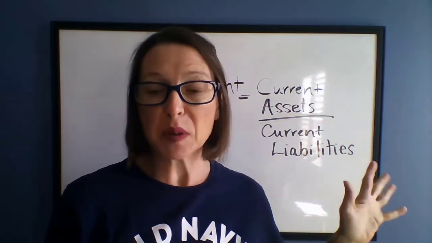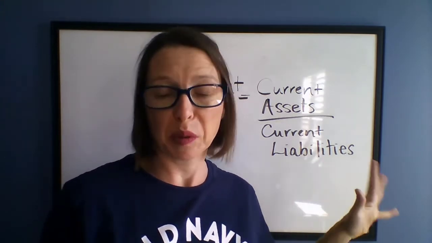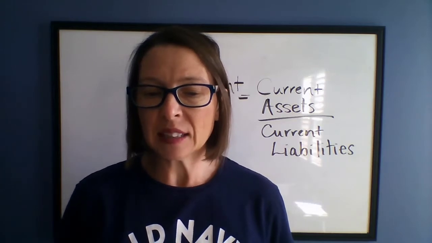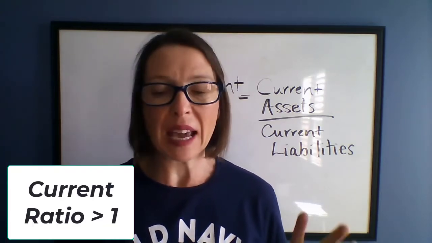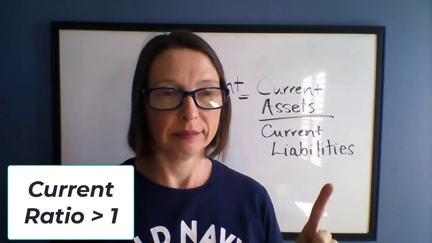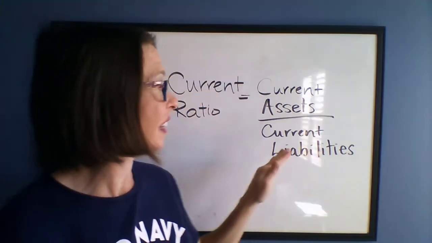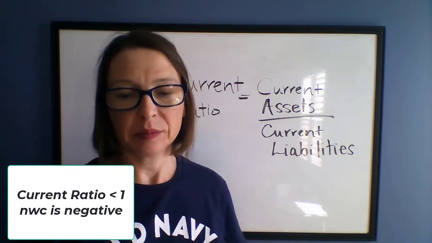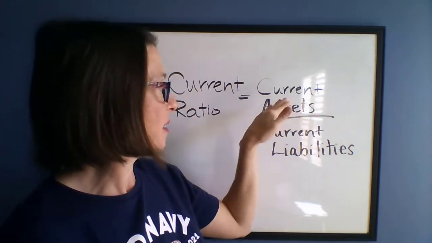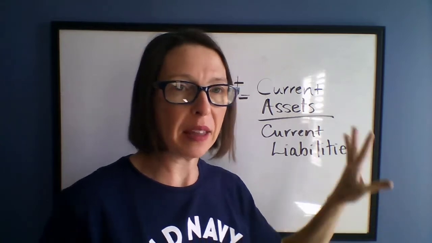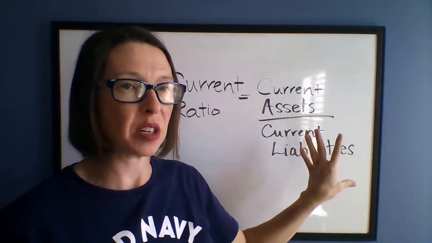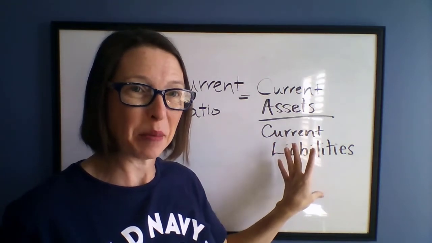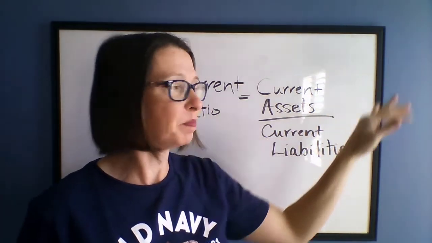This is one of the most widely used ratios. It's pretty simple, pretty easy to use as well. You should expect that your current ratio should be at least 1. A current ratio of less than 1 means that net working capital is negative. With simple math, the numerator needs to be larger than the denominator to equal 1 or more.